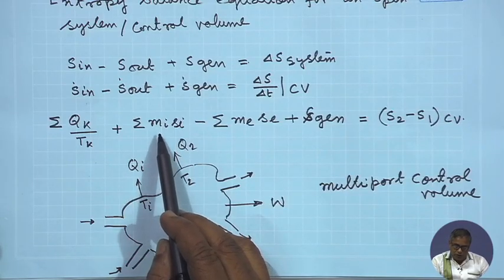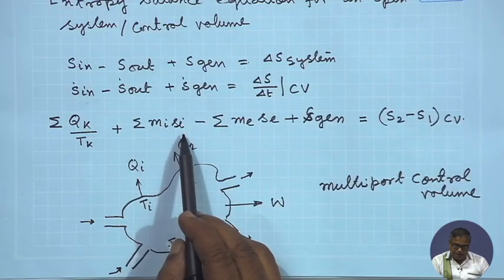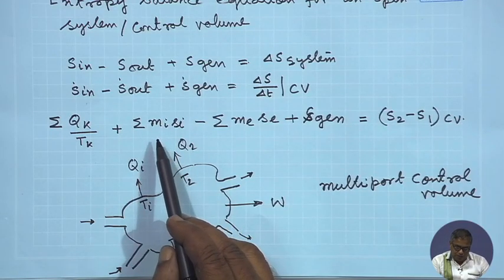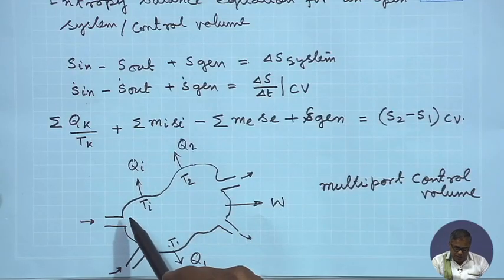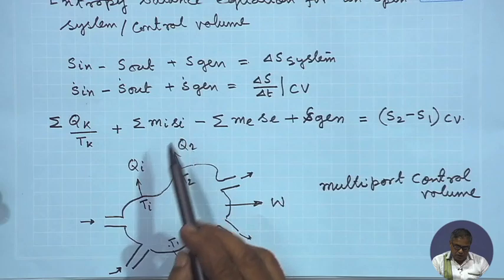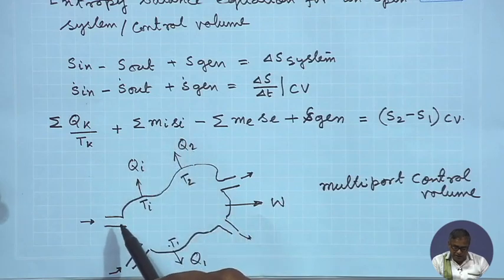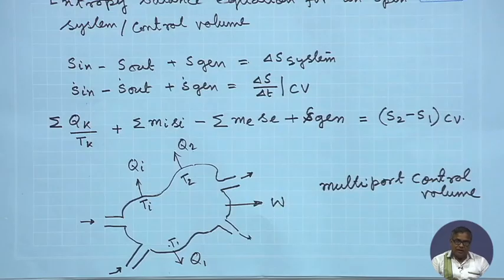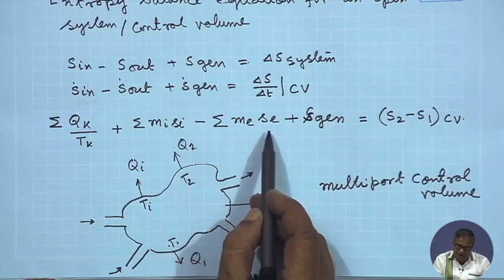So, m_i s_i, where m_i is the total amount of mass entering through a particular port, and s_i is the specific entropy of the mass entering through that port. So, m_i s_i will give me the entropy entering the control volume through that port. The summation will give how much entropy has entered through all the ports. Similarly, we can get m_e s_e.